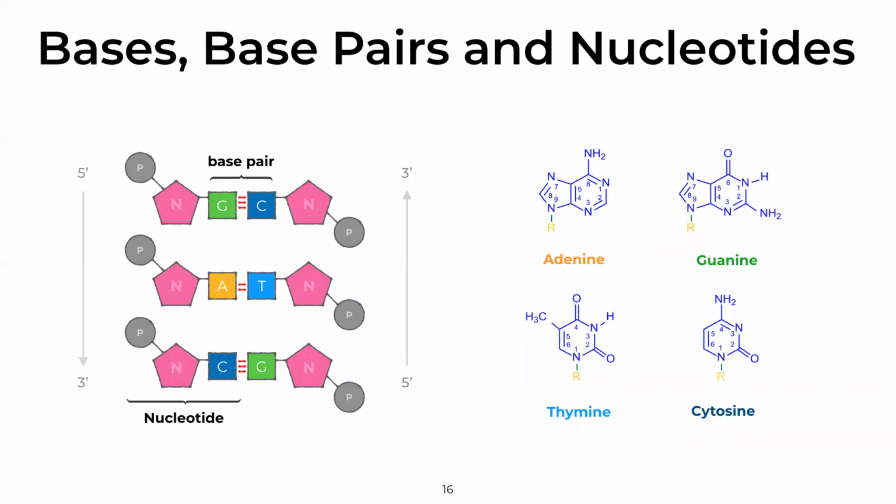A pairs with T and G pairs with C. And then we know that these different types of nucleotides have different classifications. Nucleotides with 2 rings are called purines, and nucleotides with 1 ring are called pyrimidines. One way that you can remember this is if you call these purines.